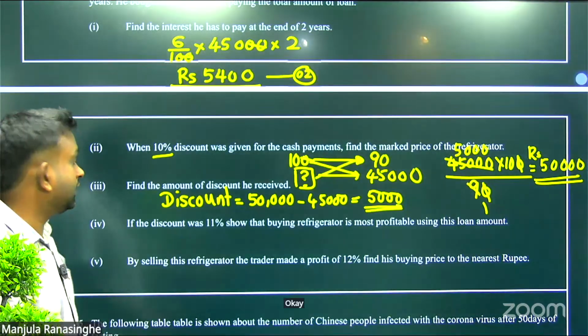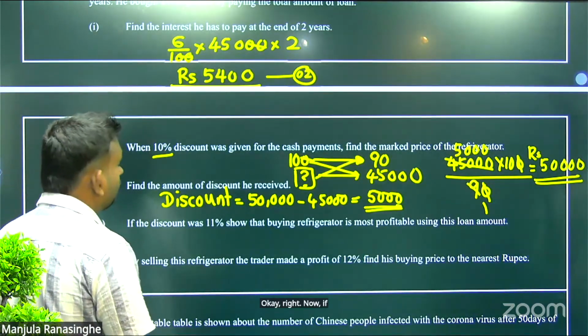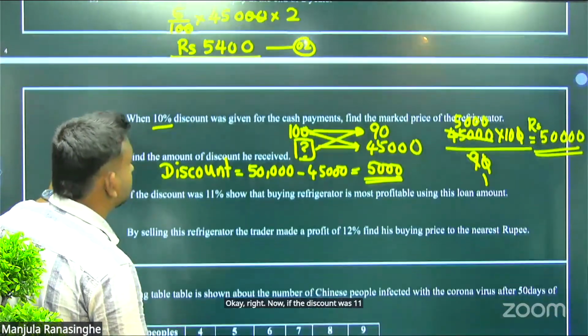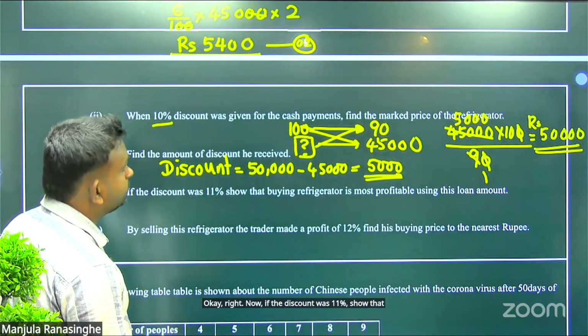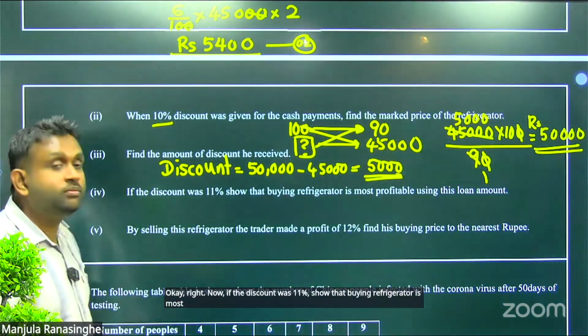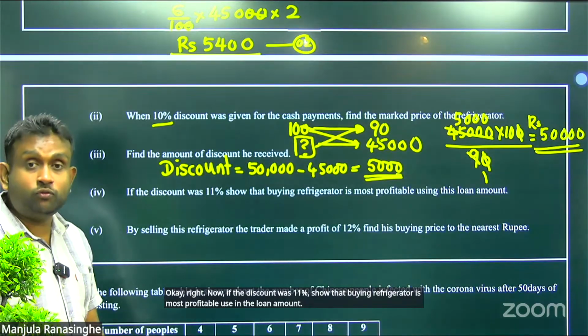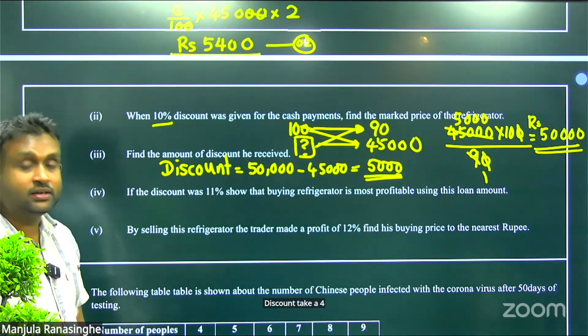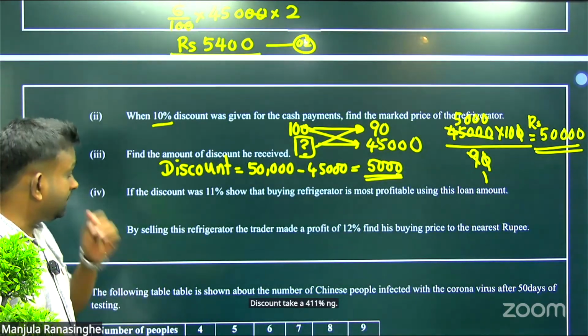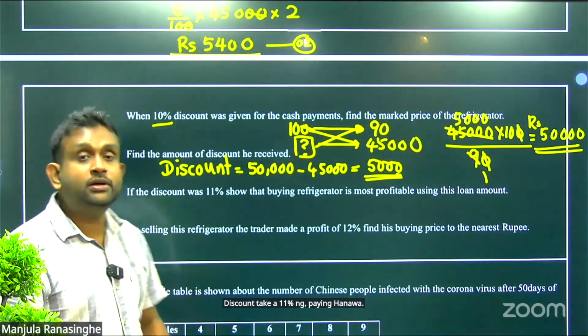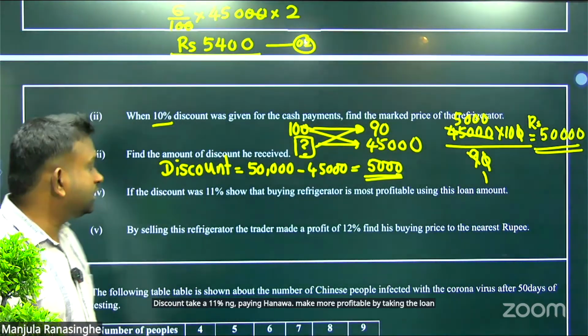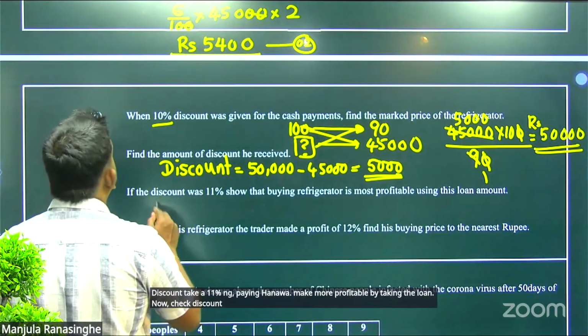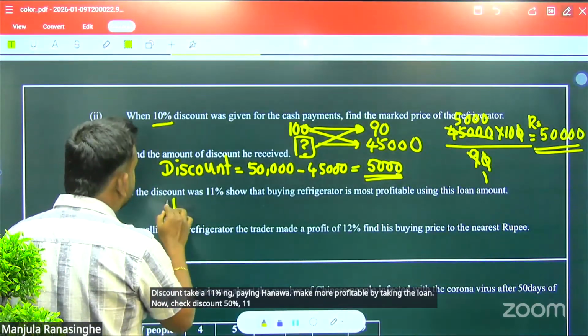Okay, right. Now, if the discount was 11%, show that buying the refrigerator is most profitable using the loan amount. If the discount is 11%, he asks us to show it is more profitable by taking the loan. Now check the 11% discount. What is the discount for that?